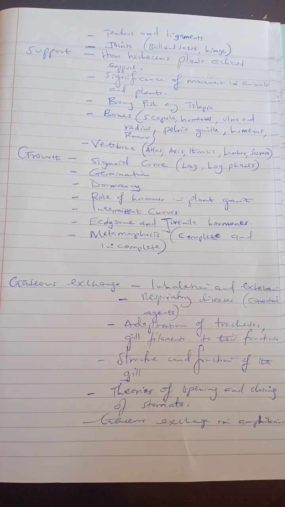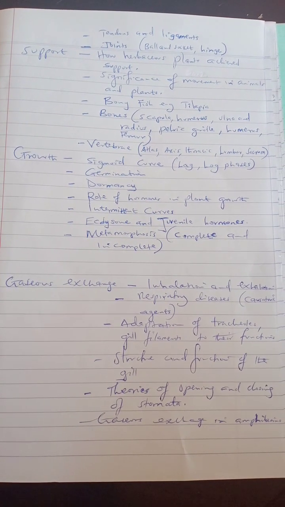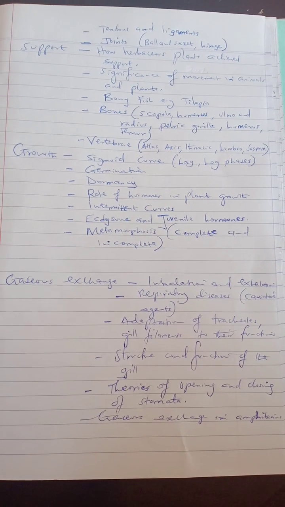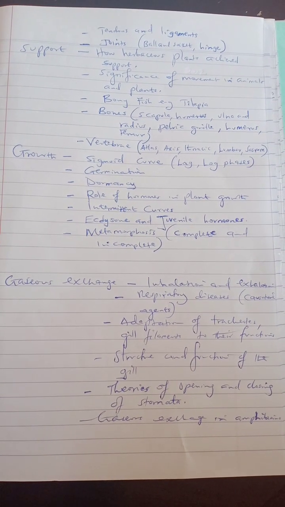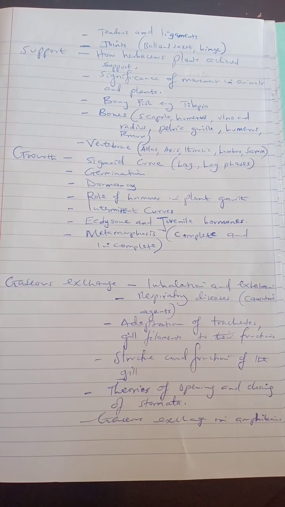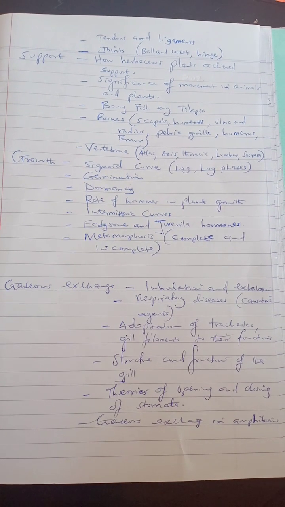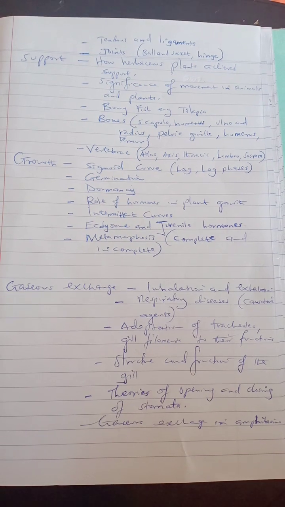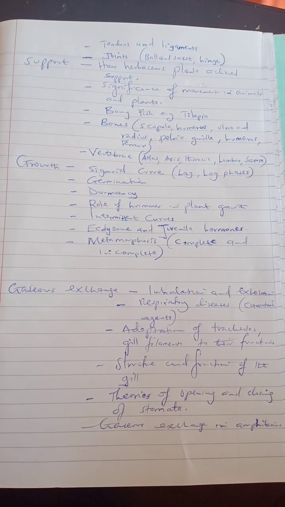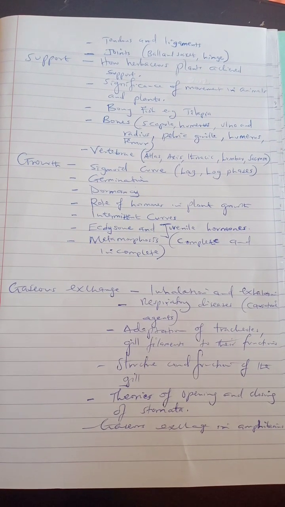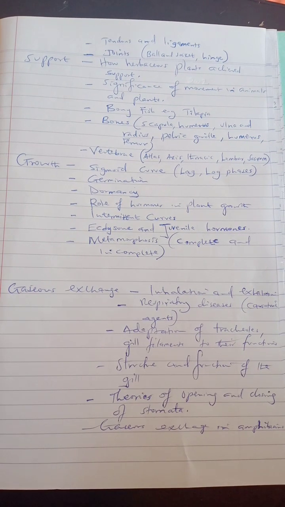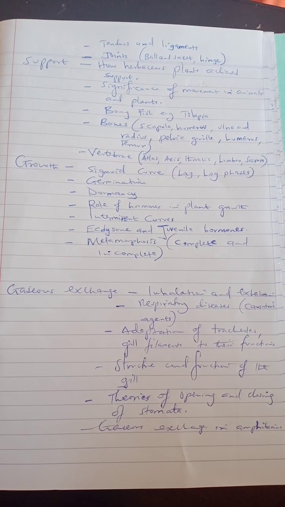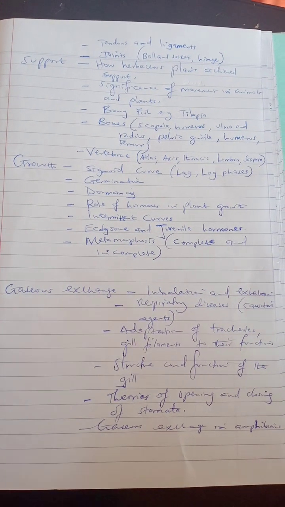And then you go to bones. For bones, you have to understand how the scapula looks like and its adaptations, humerus, ulna, radius, pelvic girdle, and femur. All of them, you have to know what the adaptations are. You'll be safe. And then for vertebrae, look at atlas, you look at axis, especially the difference between atlas and axis.